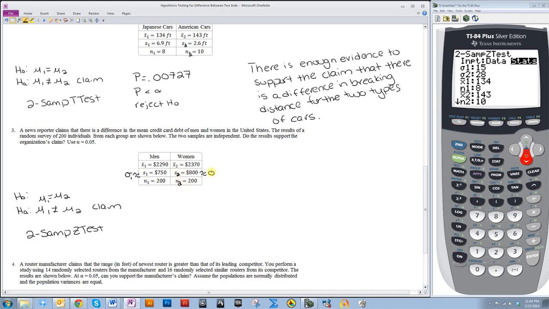Sigma 1 is approximately 750. Sigma 2 is approximately 800. X bar 1 is 2290. N1 is 200. X bar 2 is 237.